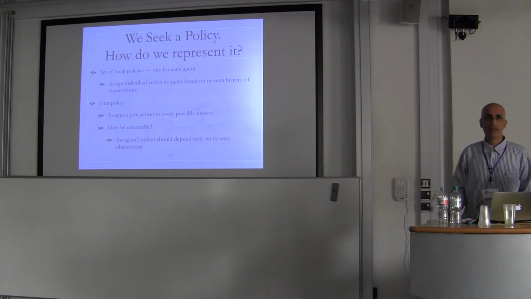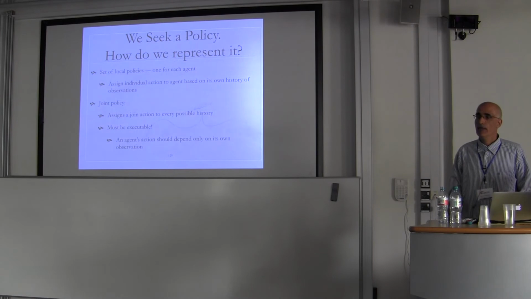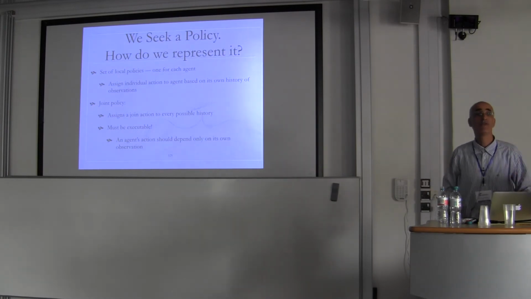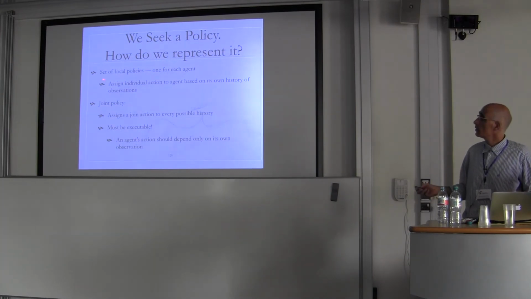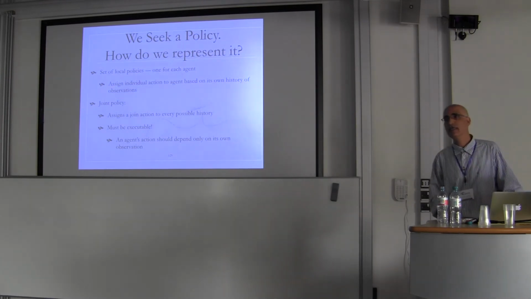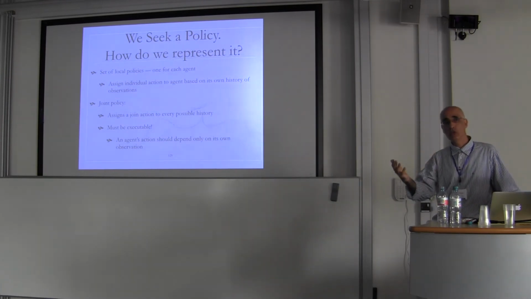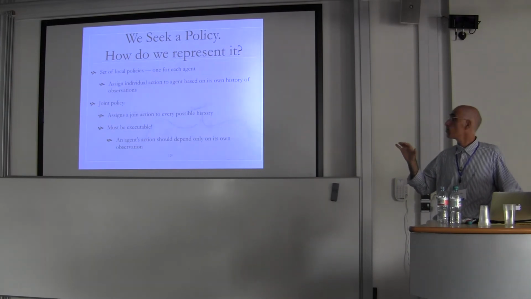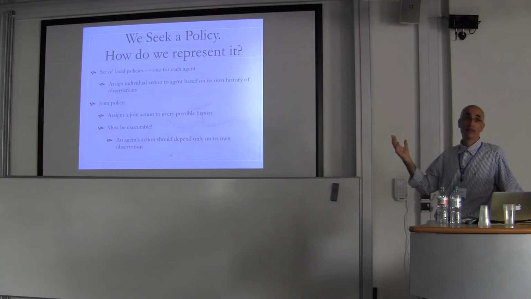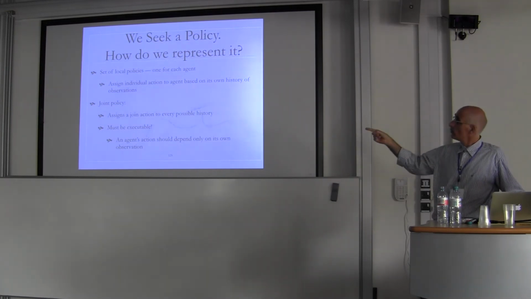Suppose we use this idea of histories to represent the different possibilities, and we now want to give agents a solution. What does the solution look like? There are two options. One is a set of local policies. I give each agent a local policy that tells the agent what it should do as a function of its own observation only. That makes a lot of sense, but sometimes it's hard to compute.